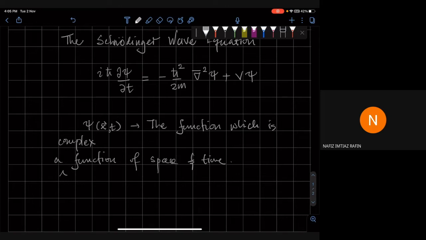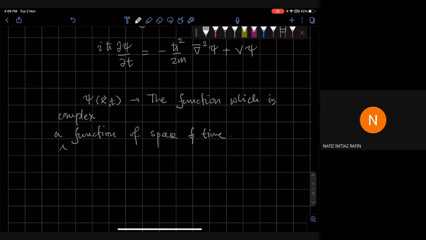Okay, so what is this wave function? Of course, this is the wave function that de Broglie talked about, but de Broglie was not able to give a very explicit equation for it, at least not in the way that we understand it now. So let's just see what this wave function is about.